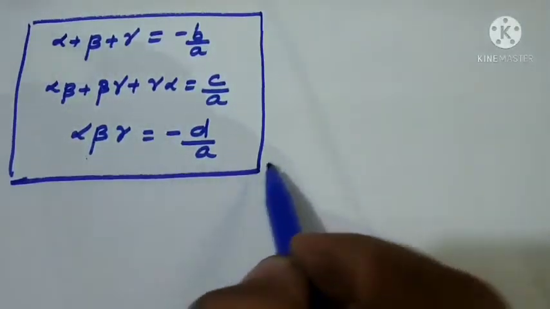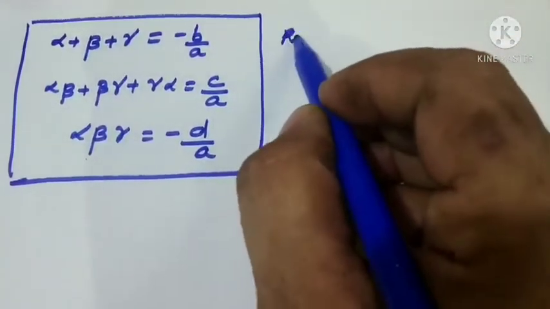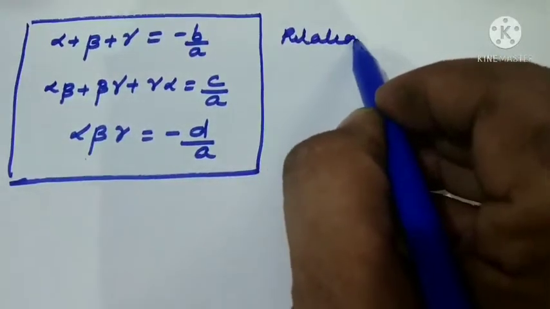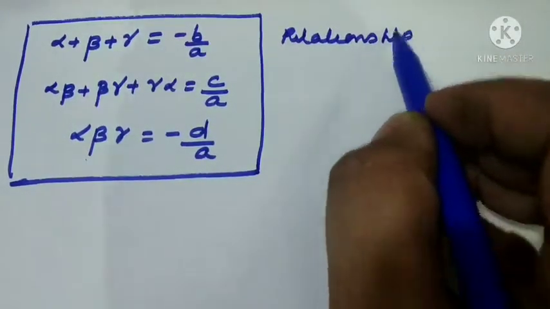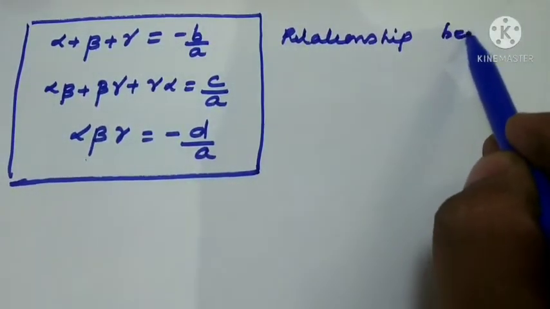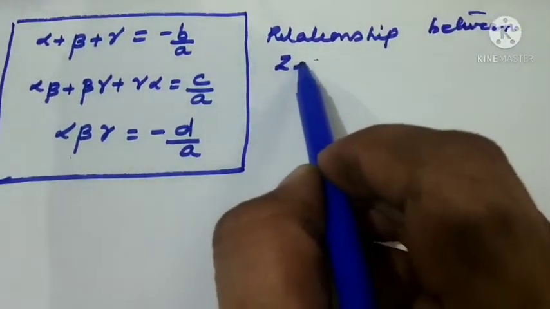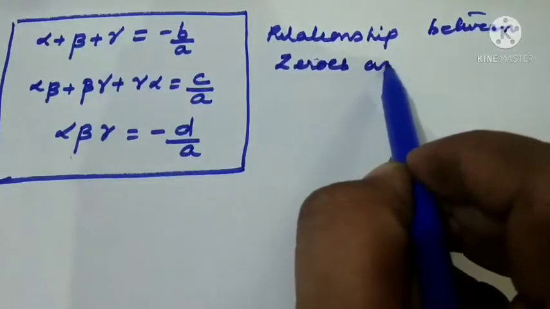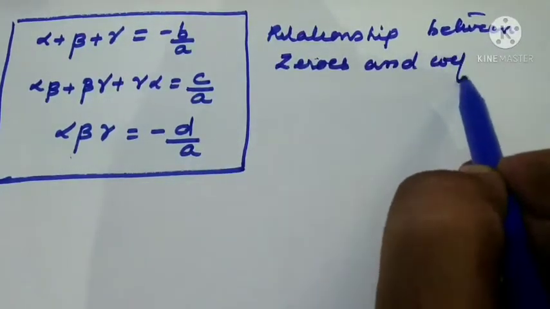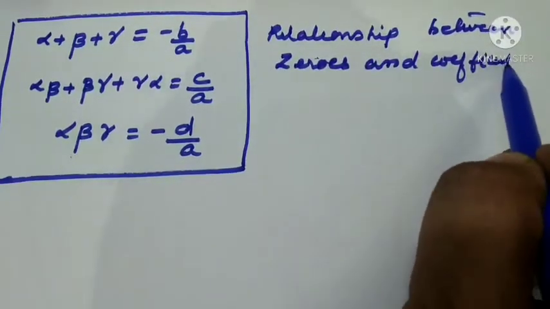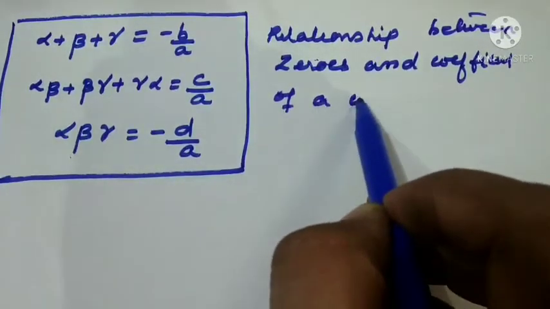So what is the relationship between zeros and coefficients of a cubic polynomial, right?